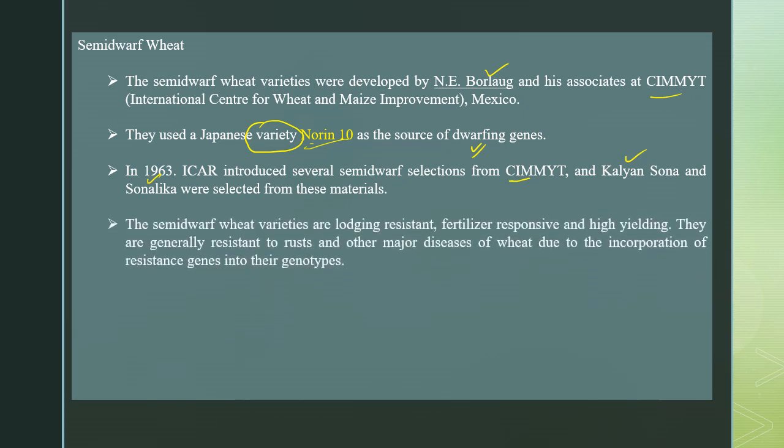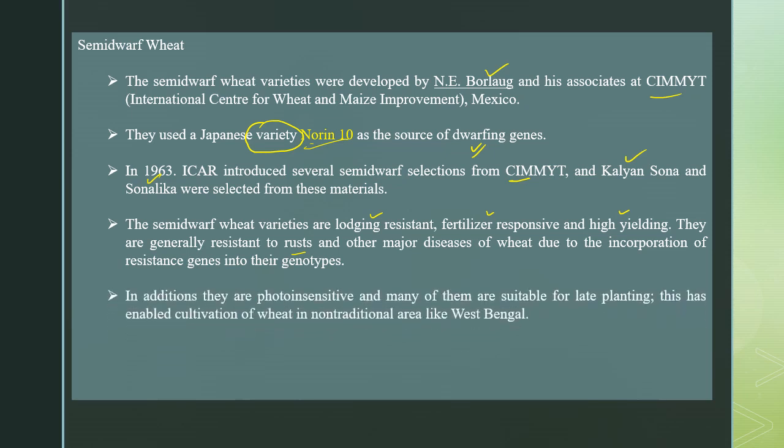After that, the semi-dwarf wheat varieties, what are the qualities they possess? They are lodging resistant, fertilizer responsive, and high yielding. That makes them different from other varieties. They are generally resistant to rust and major diseases of wheat, due to the incorporation of resistance genes into their genotype.